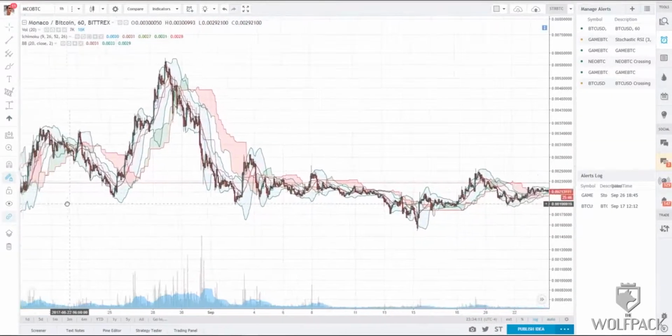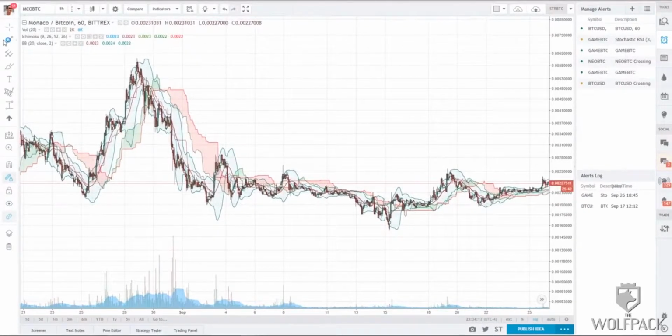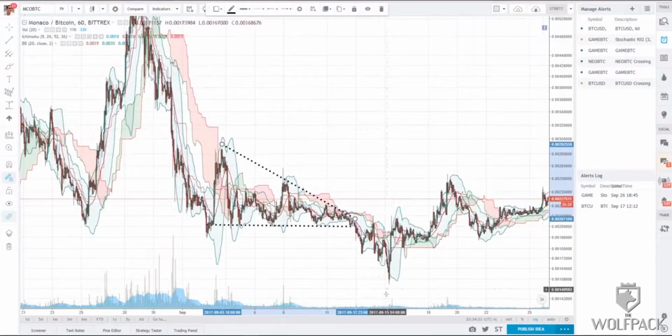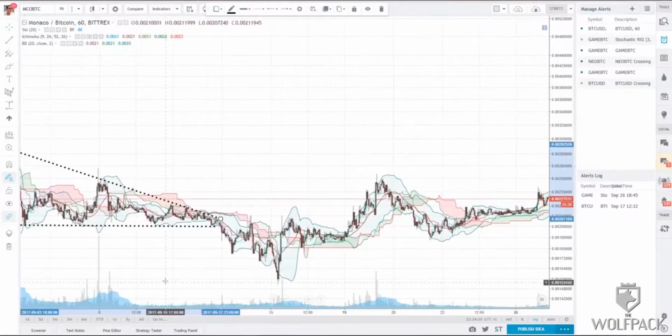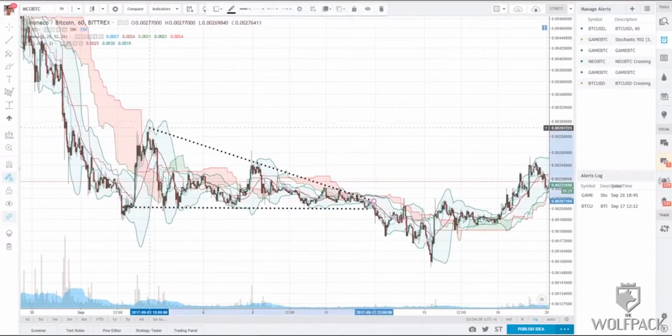For this, you can see right here there's this little moving average floor that's built, and then a nice little descending triangle right there. If I zoom in, you can clearly see the moving average floor and the descending triangle ceiling.